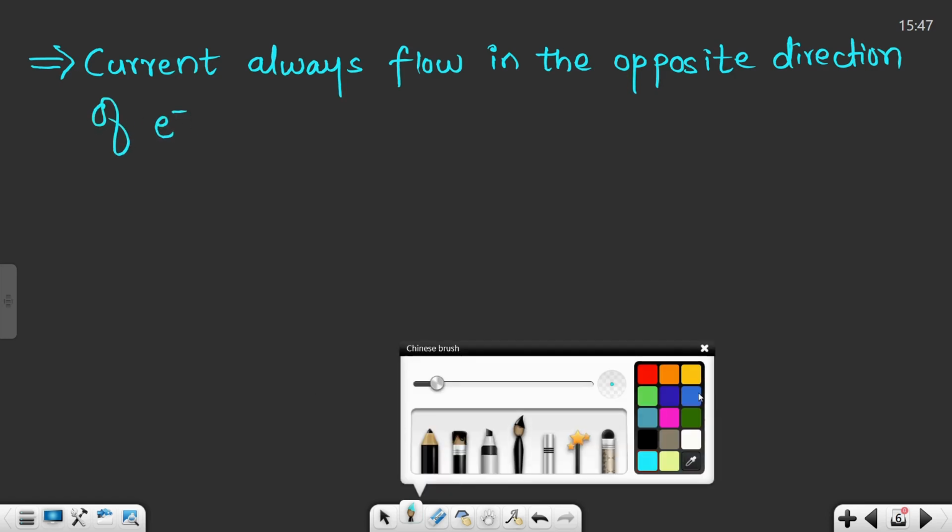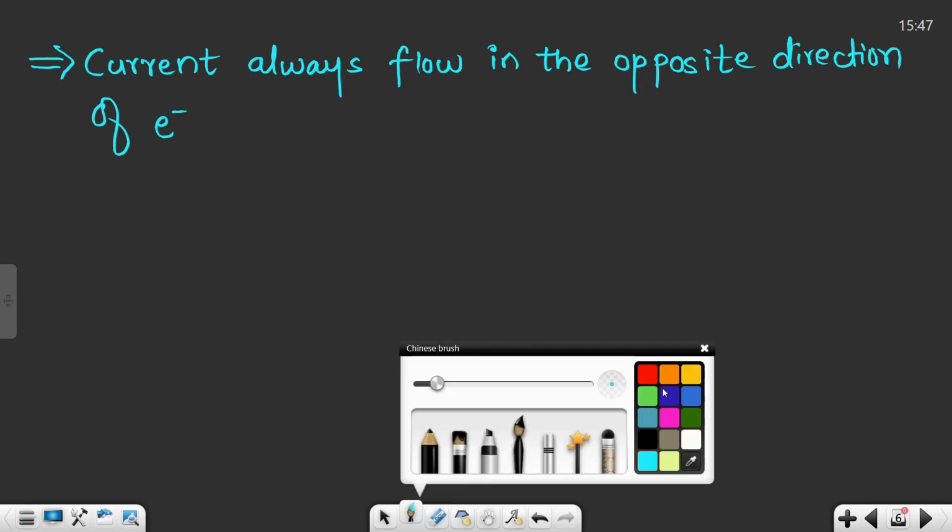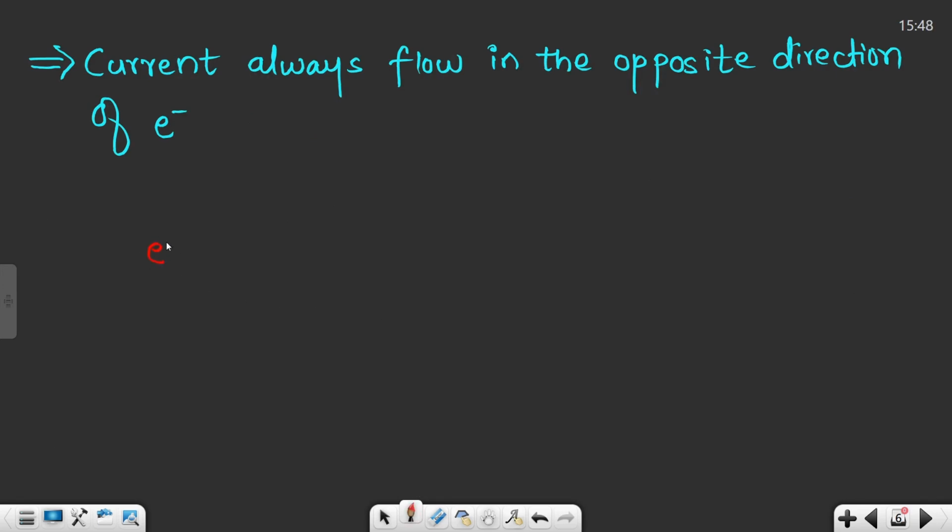As you can clearly look over here, as my electrons are moving in this direction, the current, that is the positive charge, will flow in this direction. My electrons are flowing from right to left, but my current is flowing from left to right, right? I'll just show it to you. If my electrons are moving in this direction, my current I will move in this direction.